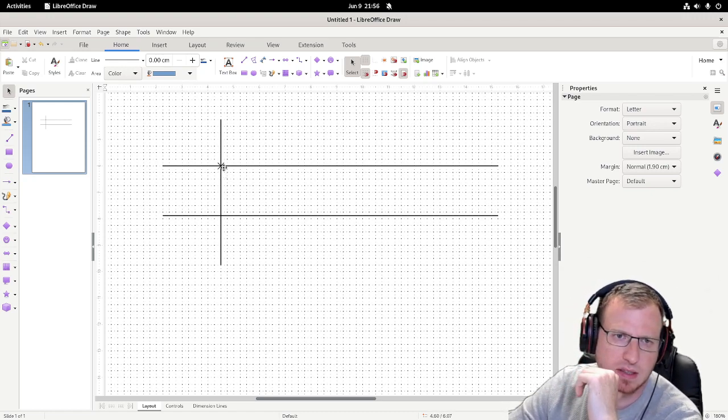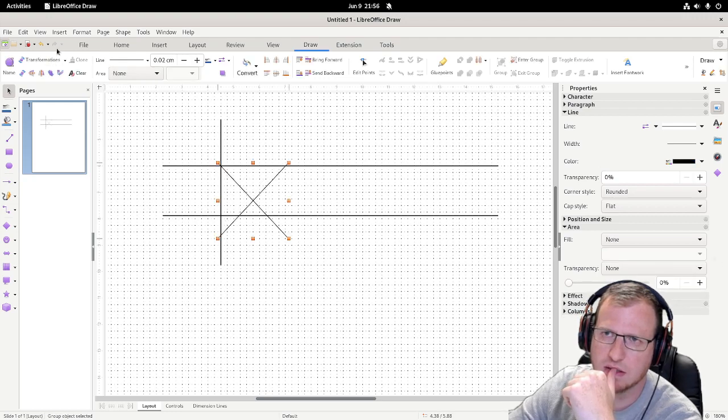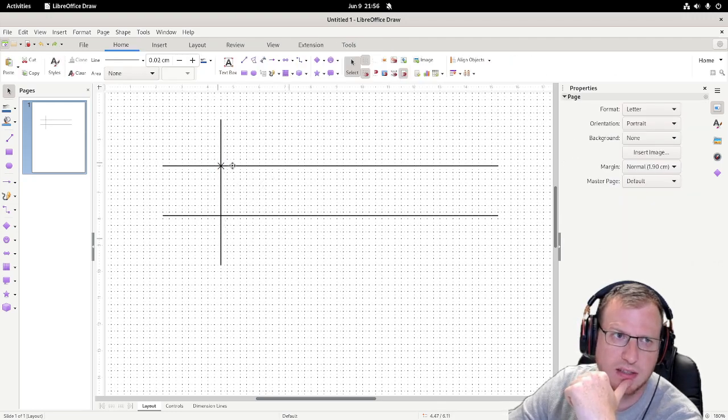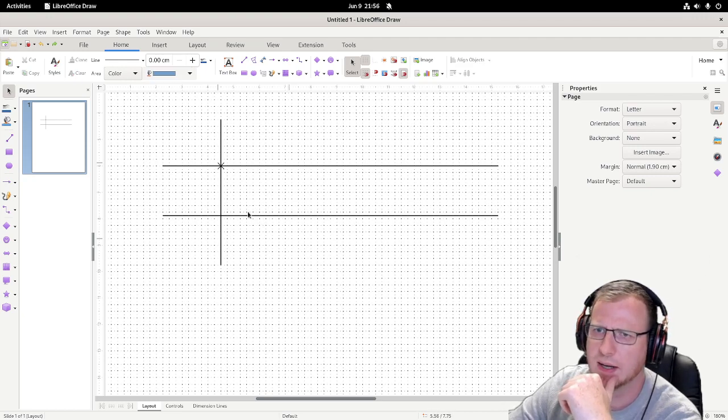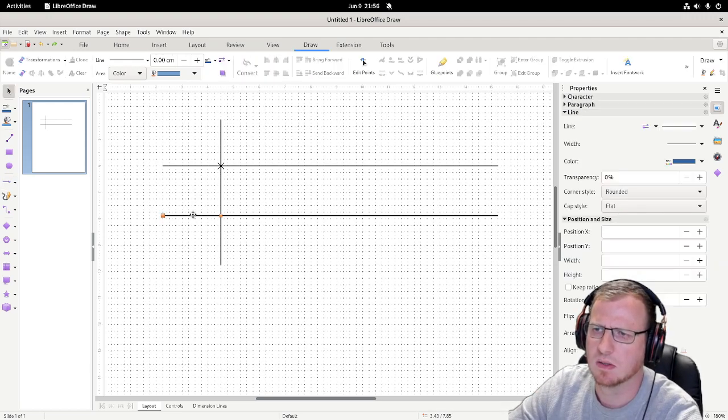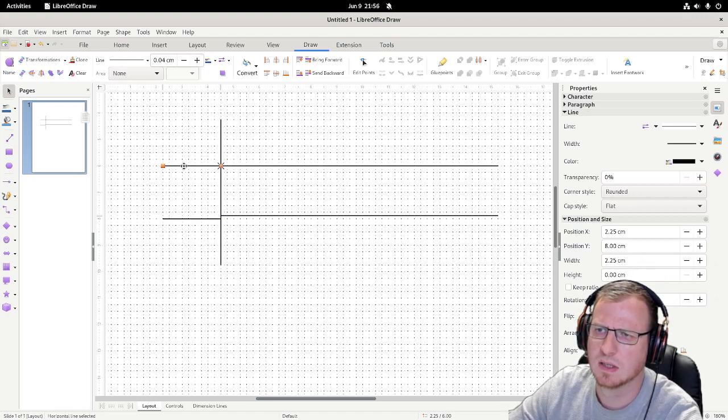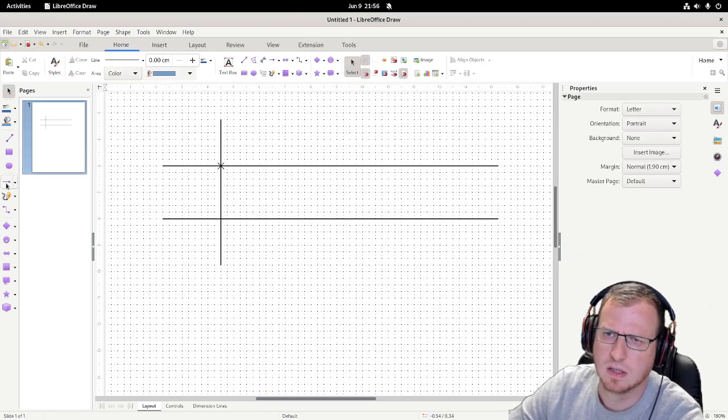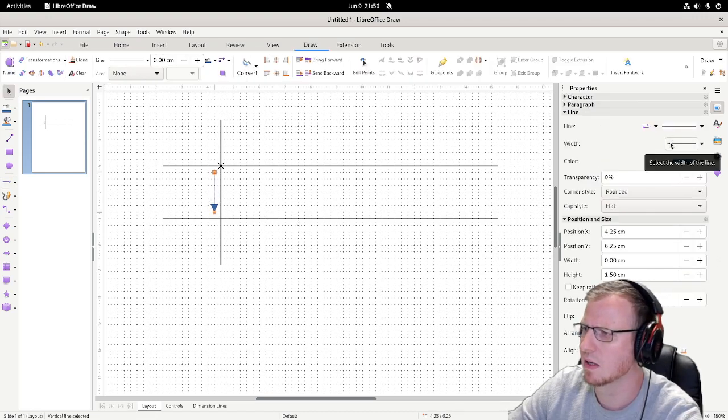If the X is not here, then this space is closed. I want to make sure that this space is fine.